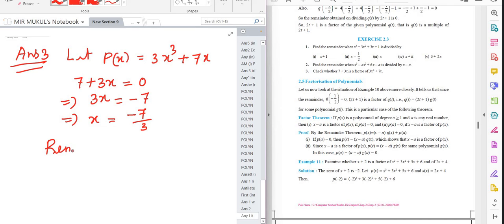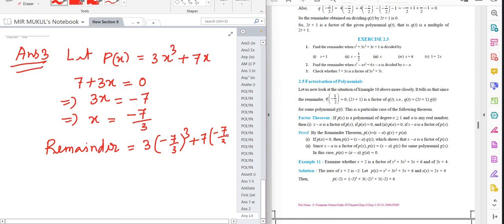Now find the remainder. Remainder equals 3 into (minus 7 by 3) whole cube plus 7 into minus 7 by 3. Now 3 into, we are getting here minus 7 into 7 into 7, how much? 7 into 7 is 49. 7 into 7 into 7, 3 times 7 it will multiply.